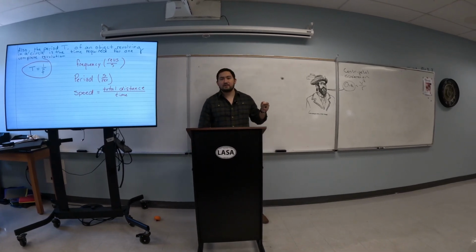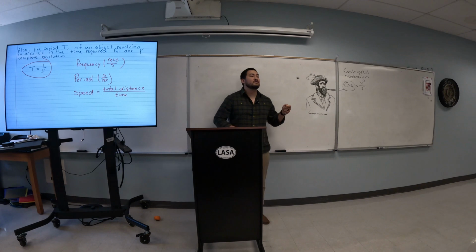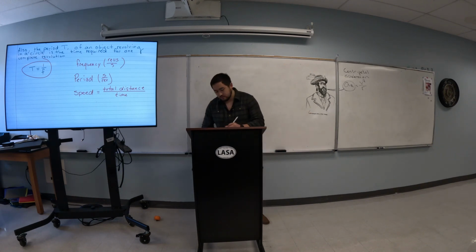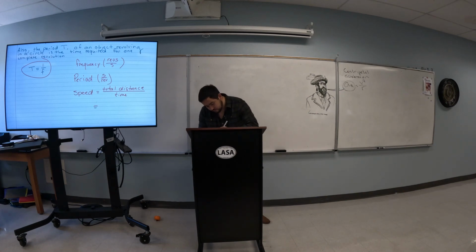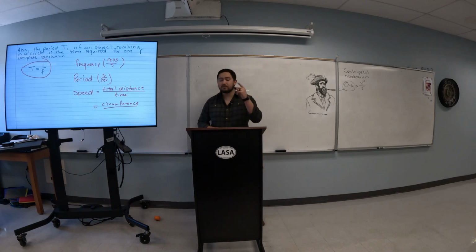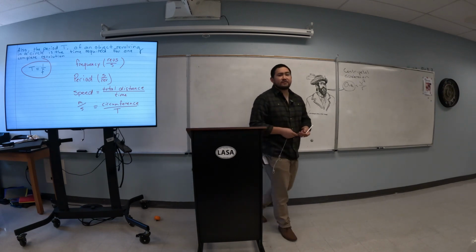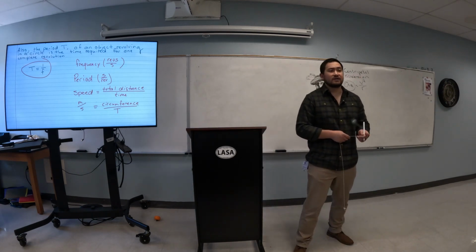If we take the total distance to be the circumference of the circular path, and we take the time to be the period it takes to make one complete revolution, then we can very easily get meters per second, which is going to be equal to our object's speed and the magnitude of the instantaneous velocity at any point.